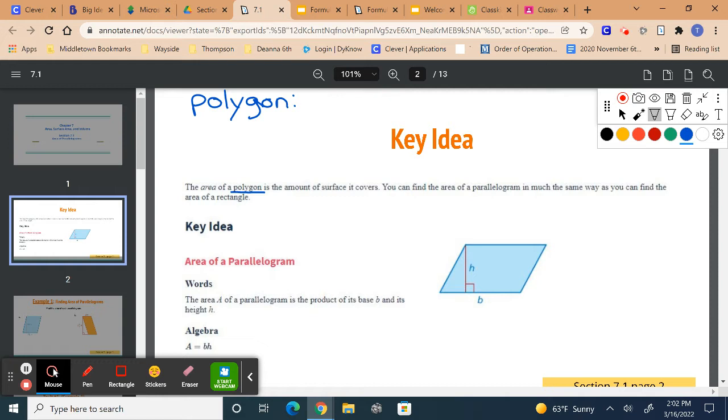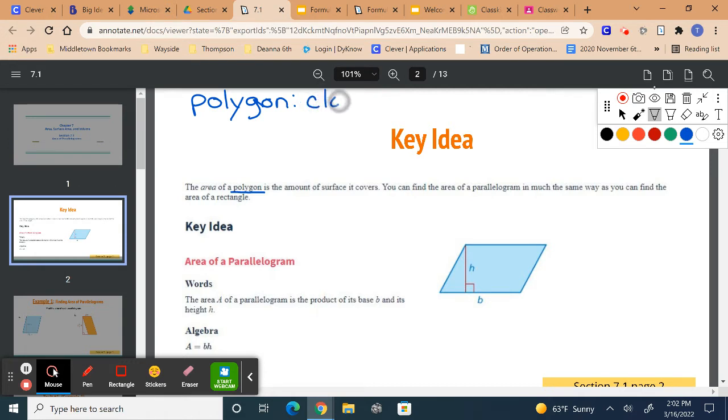Anyone know? Aiden? Is it any shape? You're close. It's really not any shape. It has to be a shape that's what? Any 2D shape? Not 2D. Not sure? It's okay.